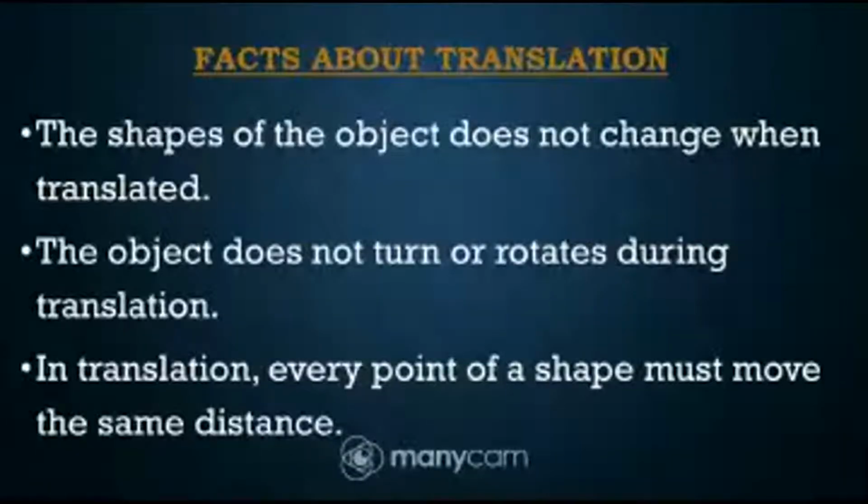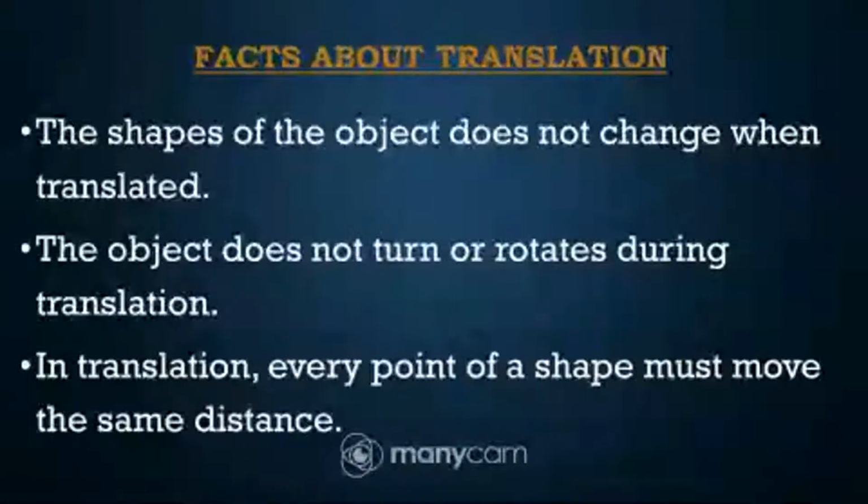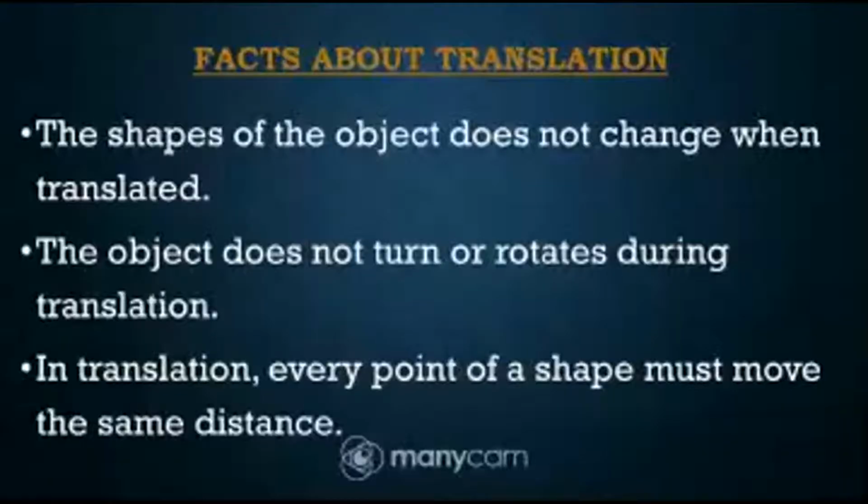What about translation? Once you are plotting a shape or a point, you must use this as a guideline, because the shape of the object does not change when translated.